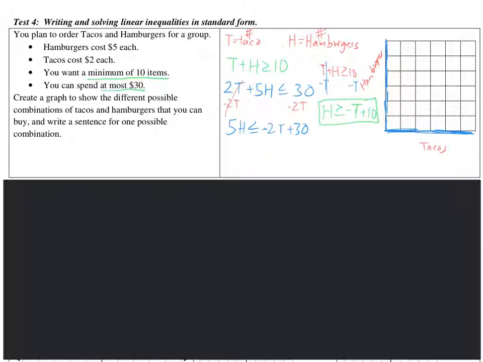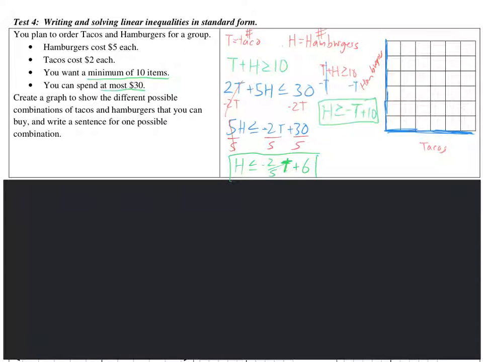Okay, how do I get rid of the 5 on the h? You divide it off. So could I divide everything by 5? So what I now have is h. Do I flip the inequality? Did we divide by a negative? No. I have negative 2/5. That's a slope. T. I should put capital T since I'm using capitals. And what's 30 divided by 5? 6.